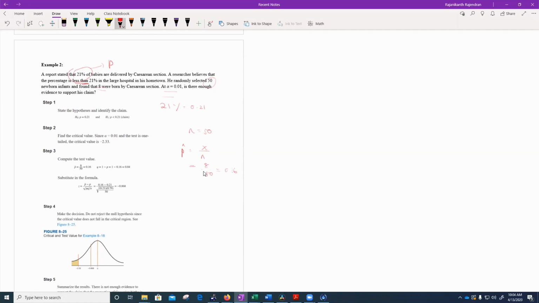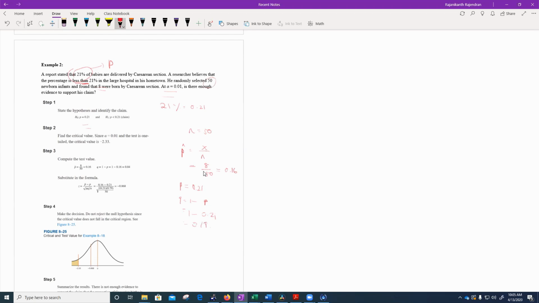Little p is what our hypothesis says, 21%, that is 0.21. Therefore little q is going to be 1 minus p, so 1 minus 0.21, which is 0.79.